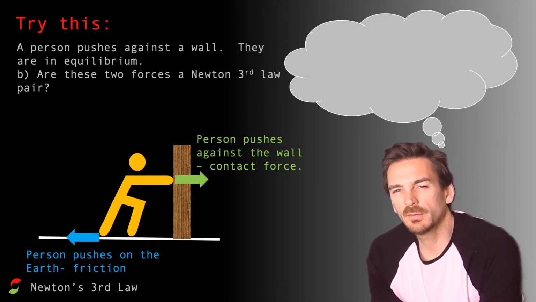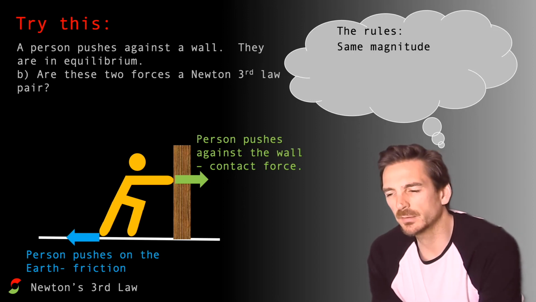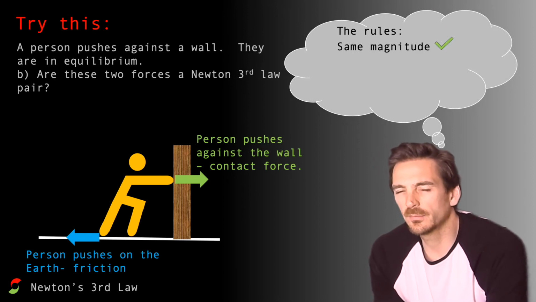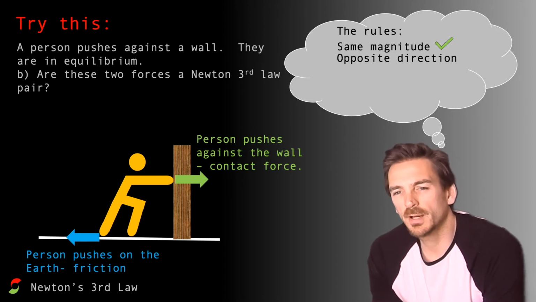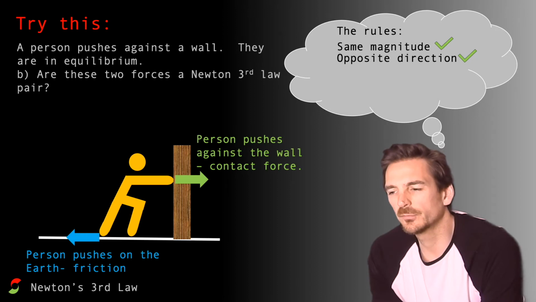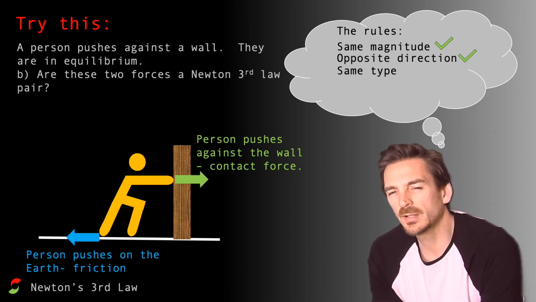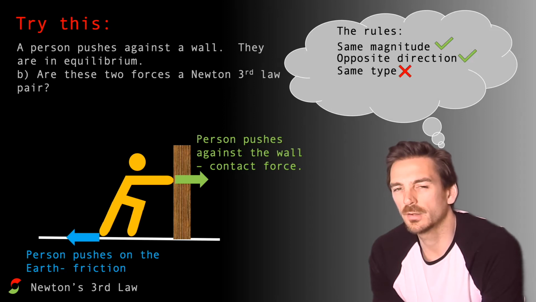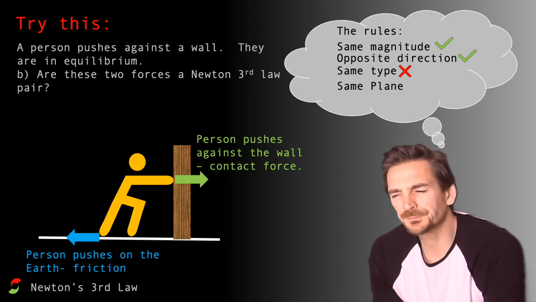So what I'm thinking here is, what are the rules? Well, the rules are: same magnitude? Yeah, they're the same magnitude, or I've drawn them the same length. Opposite directions? Yes, they do act in opposite directions. Same type of force? Well, one's contact and one's friction, no. Must act in the same plane?